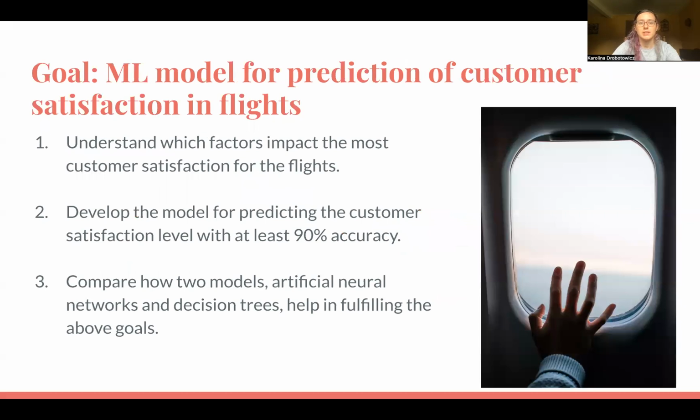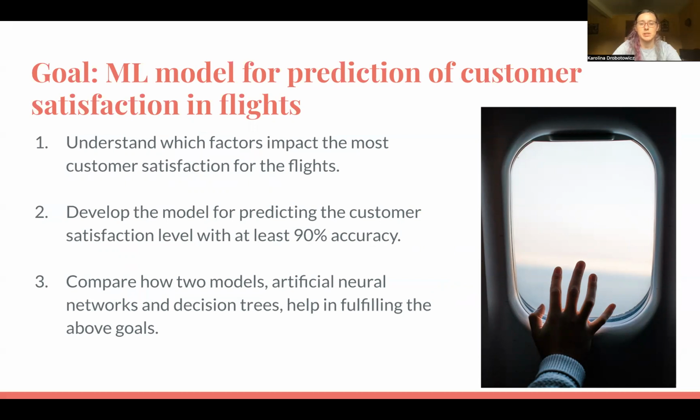Our goal is therefore to find the machine learning model for prediction of customer satisfaction in flights. We want to understand which factors impact customer satisfaction the most for the flights. We want to develop the model for predicting the customer satisfaction level with at least 90% accuracy.